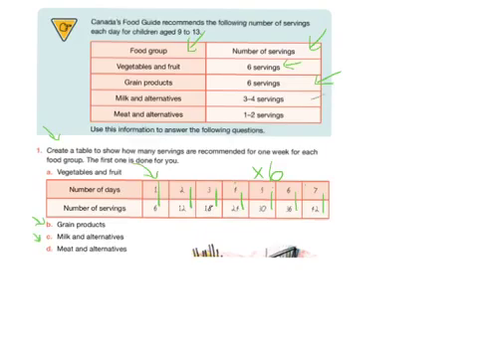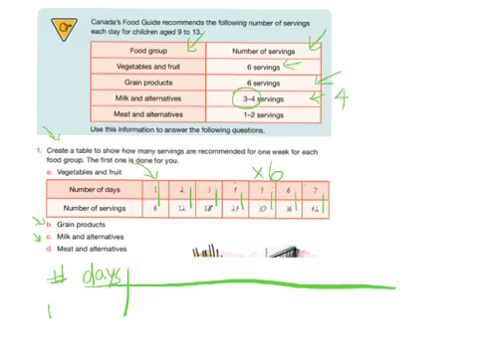Let's take a look at the meat and alternatives. 3 to 4 servings. Well, you can't go 3 or 4. So I'm just going to stick with 4 servings because that's probably healthier. Let's make our table here. And you can make it horizontally or vertically, sideways or up and down. It really doesn't matter.